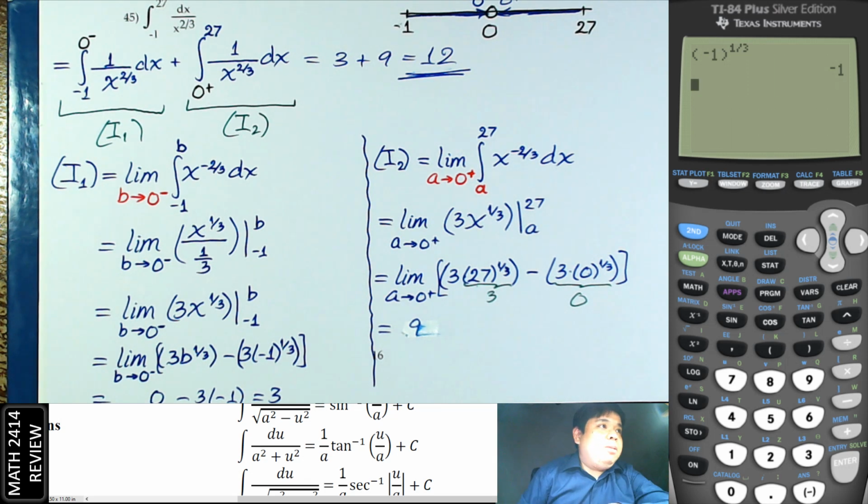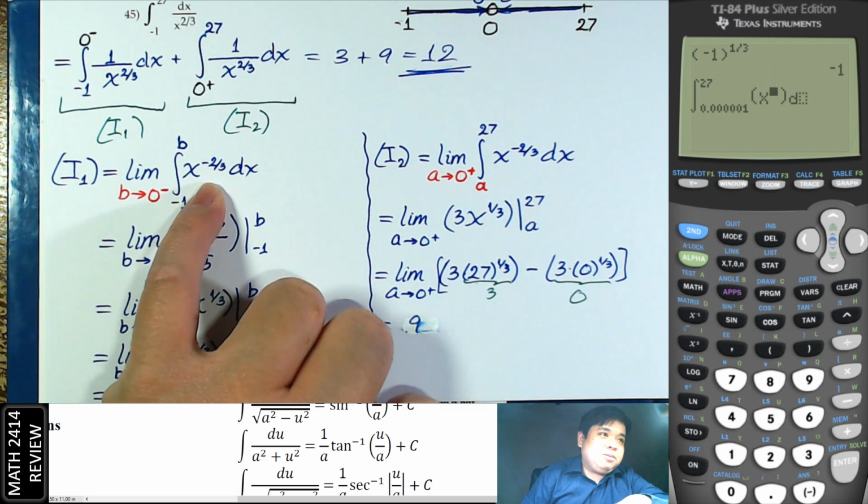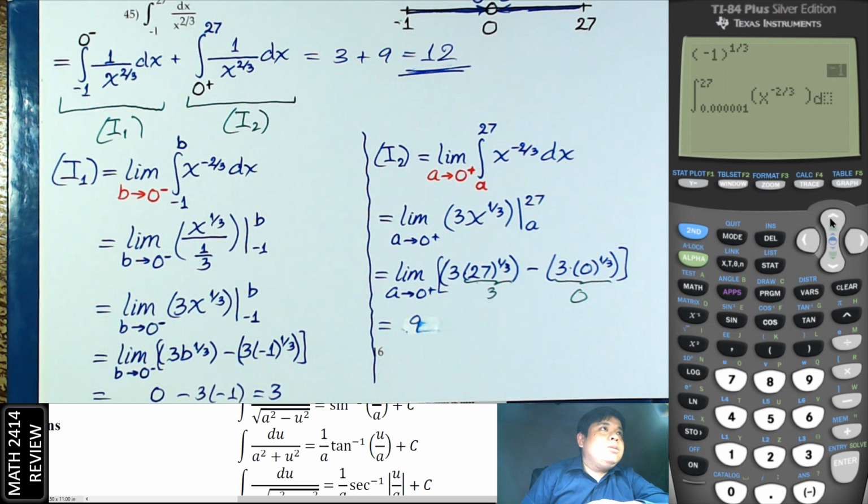Right, now, of course, we can also check. Again, we go from 0 plus to 27, and then x to the negative 2/3, and negative 1/3, sorry. Negative 2/3. What do we have there?